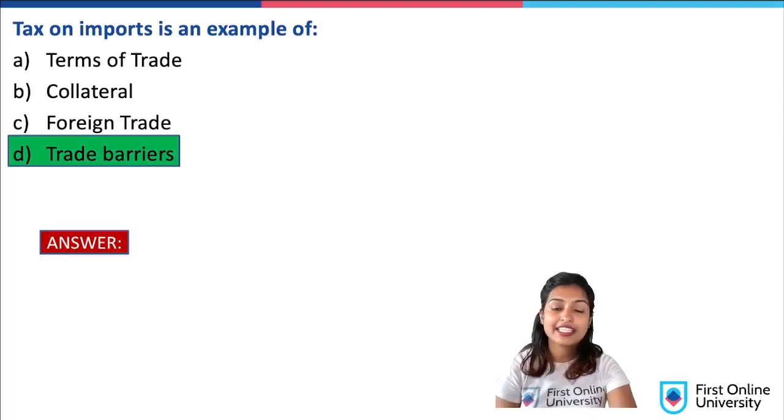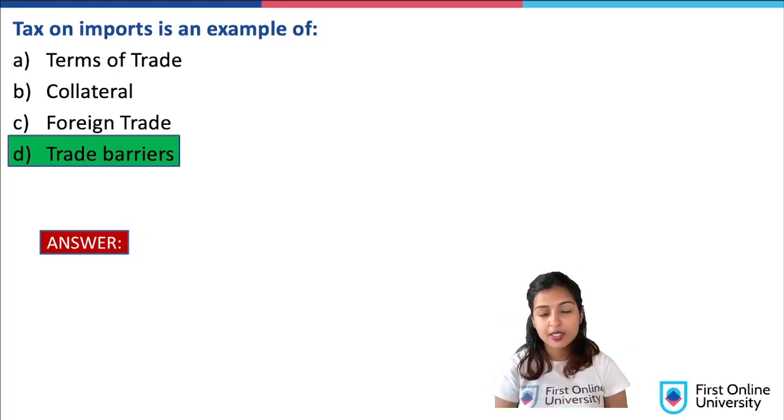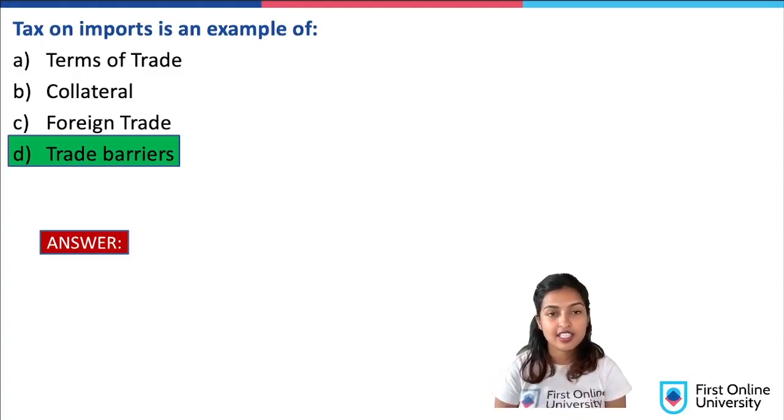Definitely, taxing imports, that is adding extra value to the import, is a kind of restriction on it coming into our country, because it becomes more expensive than the products that are produced domestically. So it's a restriction, and hence the answer is trade barriers.